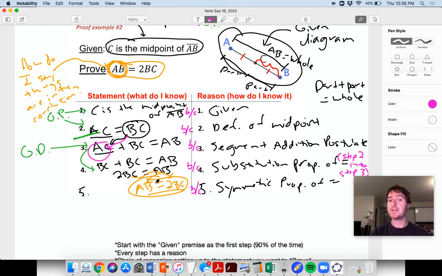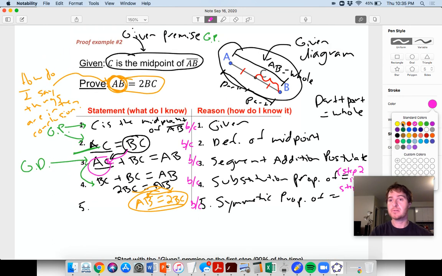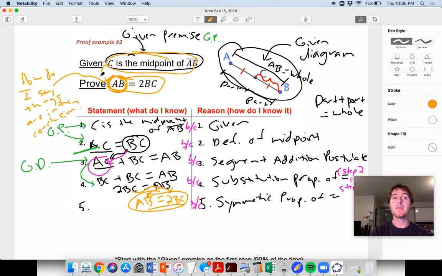We can flip them around here. So to summarize, what we know is that if C is the midpoint of segment AB, then AB must equal 2BC. And we can skip all of this justification in the future because we already have this proof written for us here.